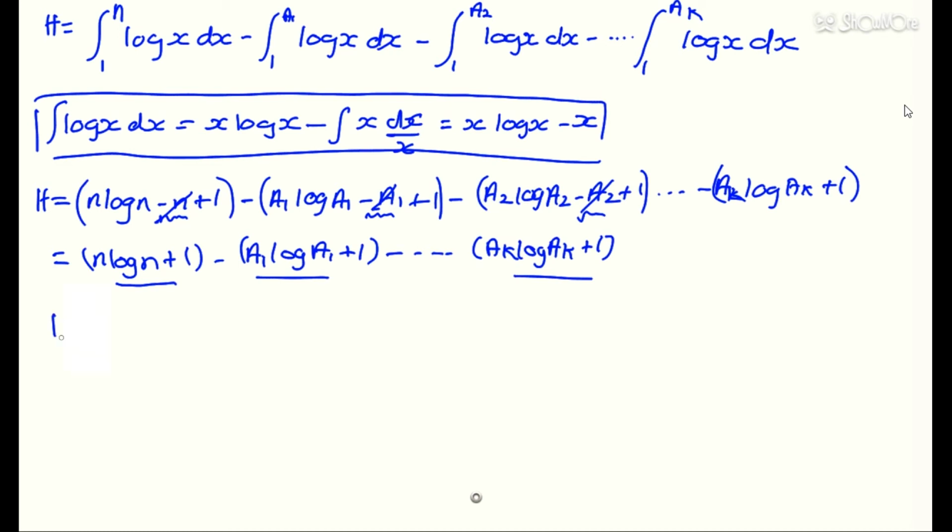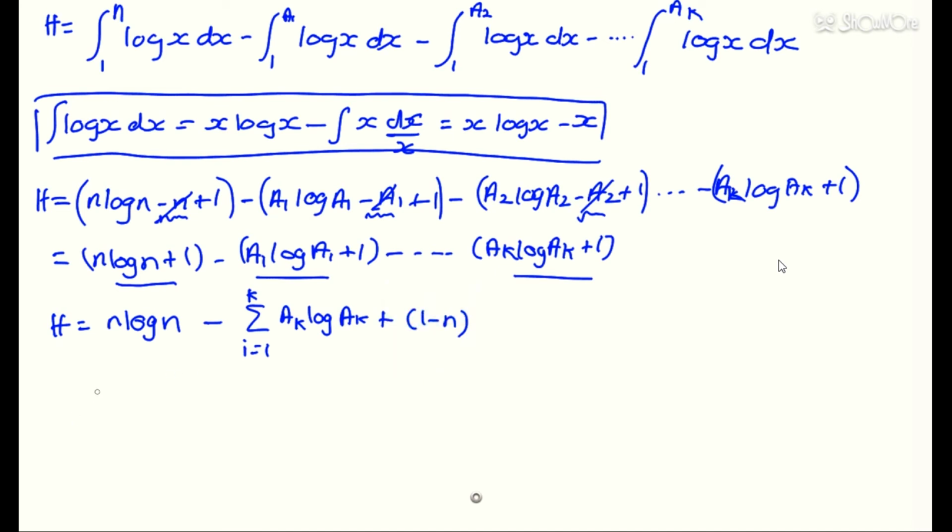Therefore, we can write h as n log n minus sigma from i equals 1 till k of ak log ak plus 1 minus n.